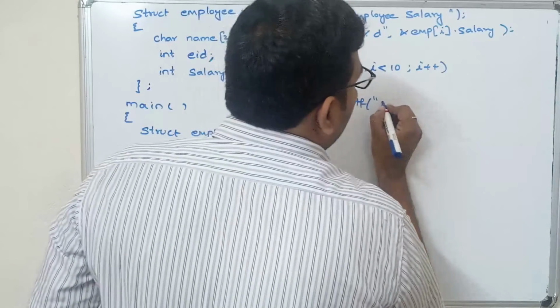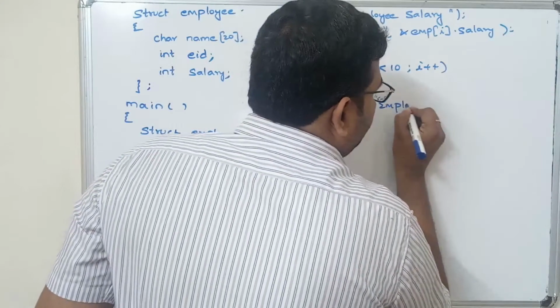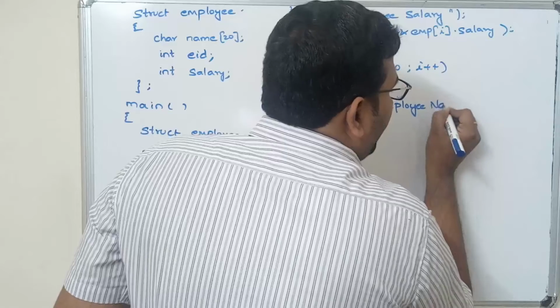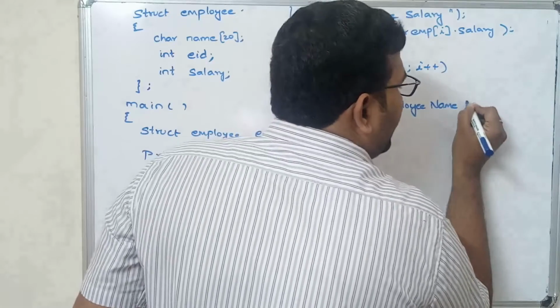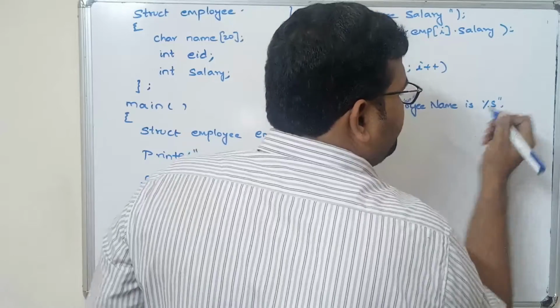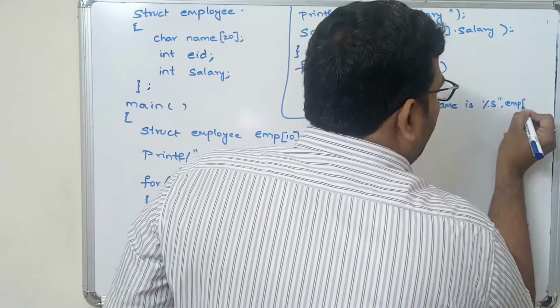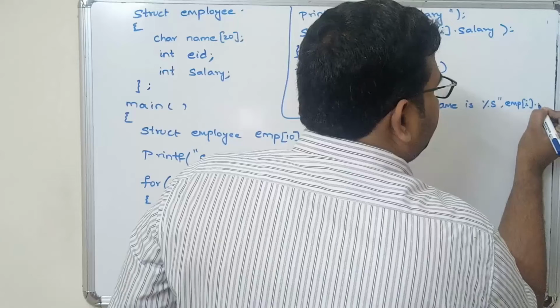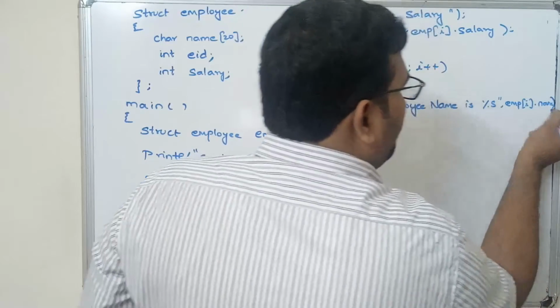Now write down printf first one employee name. Employee name is percentage s, EMP of I dot name.